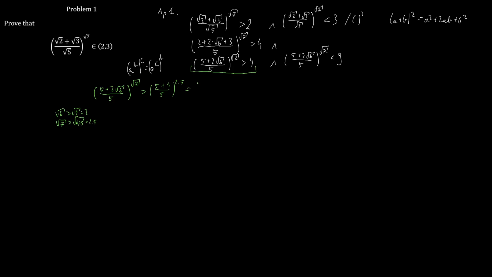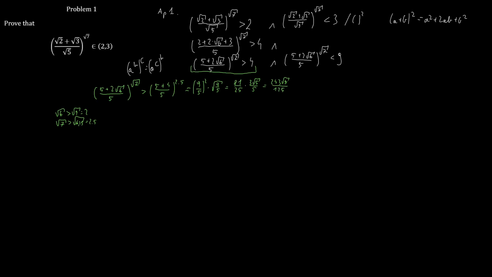So it is 9 over 5 to the power 2 times square root of 9 over 5. It is 81 divided by 25 times 3 square root of 5 divided by 5. It is 243 square root of 5 divided by 125.